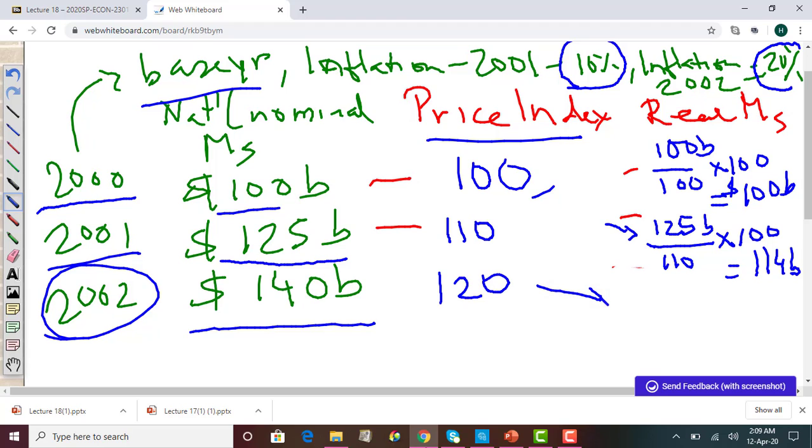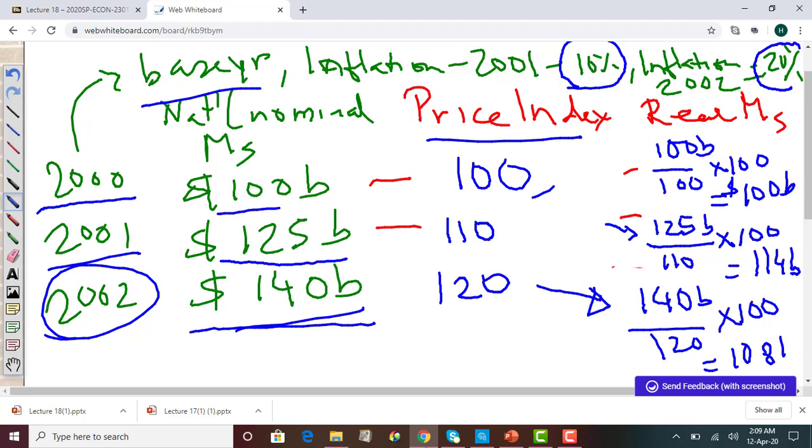Then we calculate the real money supply: the nominal money supply is 140 billion divided by 120 times 100, which is equal to 108 billion.